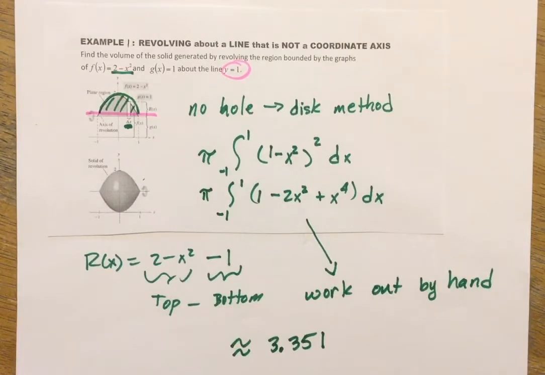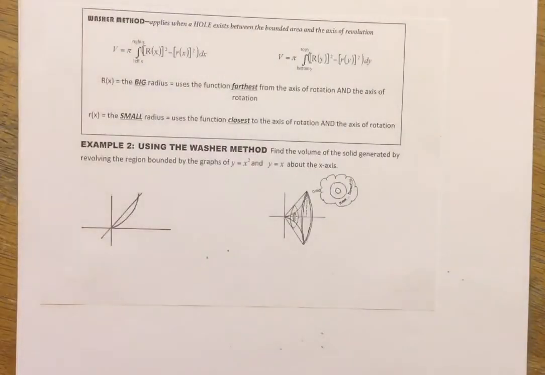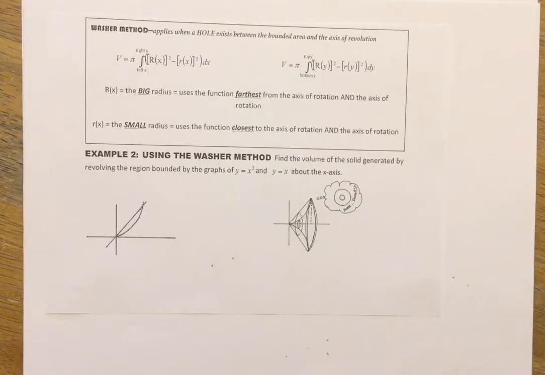So this is example 1, and again, this is the disk method. Now the difference between disk and washer is that with the washer method, there's going to be a hole between the shape that we're looking at and rotating and the axis about which we are rotating.